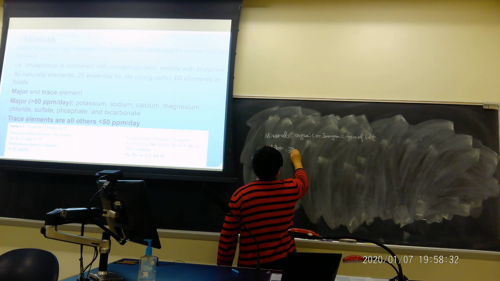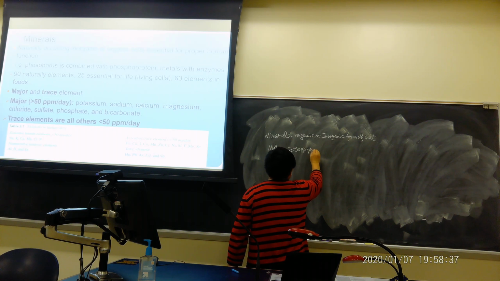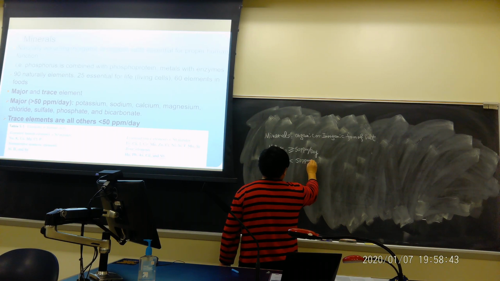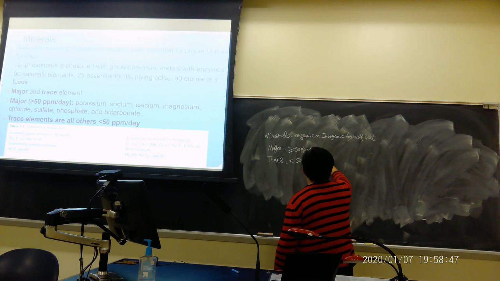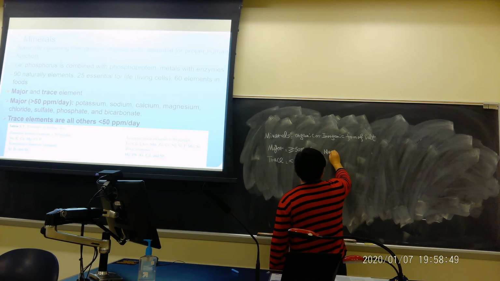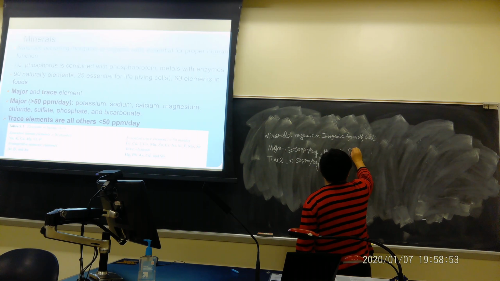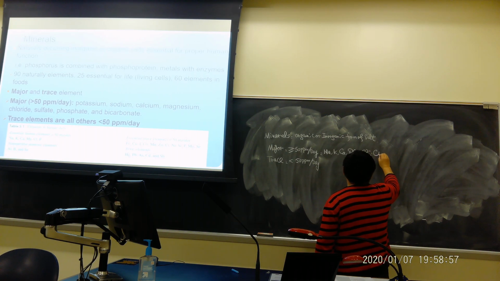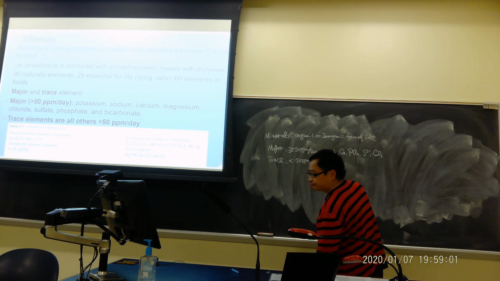Major is more than 50 parts per million per day for human consumption, and trace is less than 50 parts per million per day. And we know that the major ones are, let's say, sodium, calcium, potassium, phosphates, and sulfide, and bicarbonate, what else?